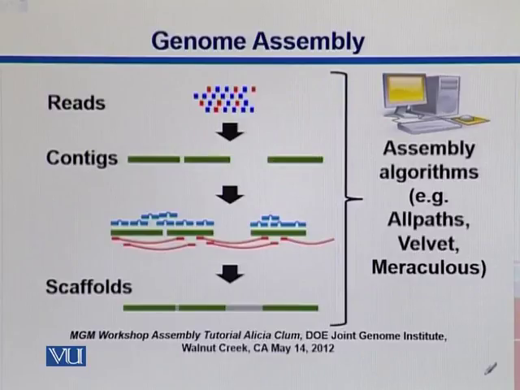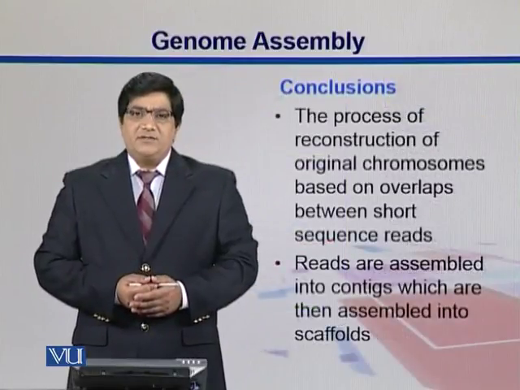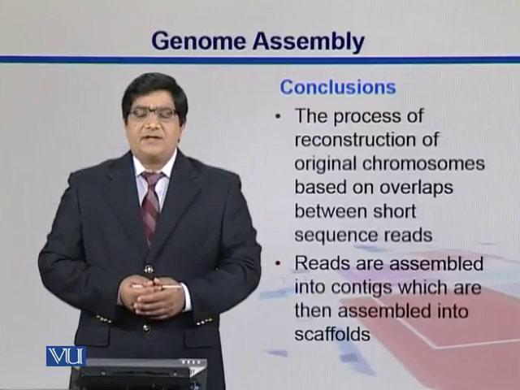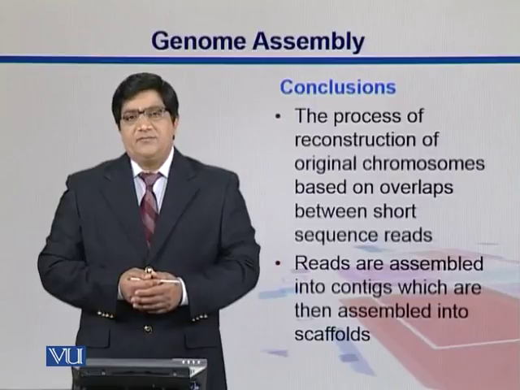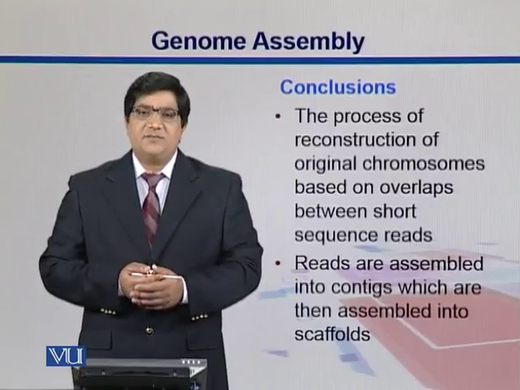We start with those short reads, then the reads are put into contigs, and then contigs are arranged into scaffolds. There are different assembly algorithms which we actually use. Common examples are ALLPATHS, Velvet, and Miraculous. We'll talk about them later. So in the end, what we have seen so far is that assembly is the process where we put these reads together, and we might see some misassemblies also.